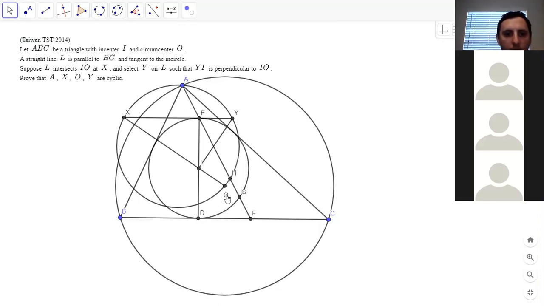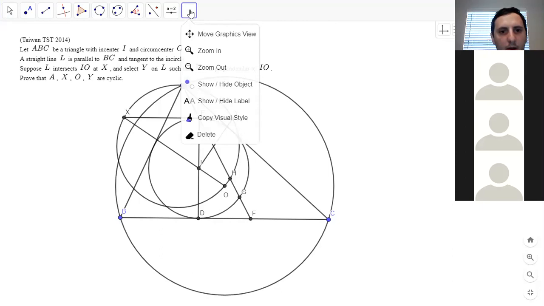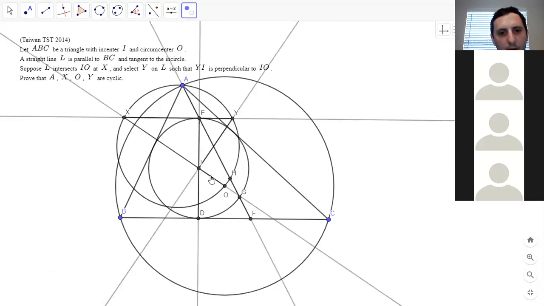We have to use O somehow. So basically, we could let the circumcircle of AXY cut... I wonder if it's easiest to show that. I'm just trying to think the best way to do this.